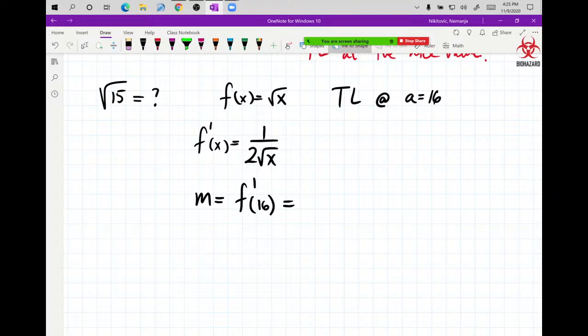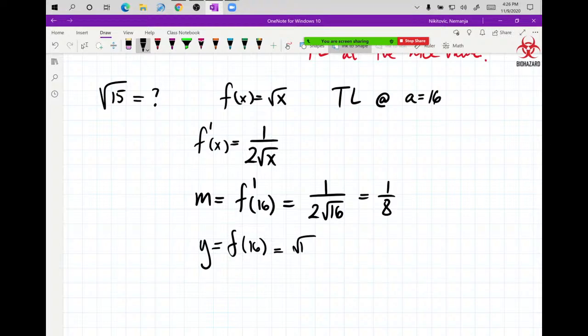That's f prime of 16, which is 1 over 2 root 16, which is 1 over 8 in my case, because square root of 16 is 4, and 4 times 2 is 8. And I also need a y value, which is the original function computed at 16, square root of 16, which is 4. And that gives me (16, 4) as a point.